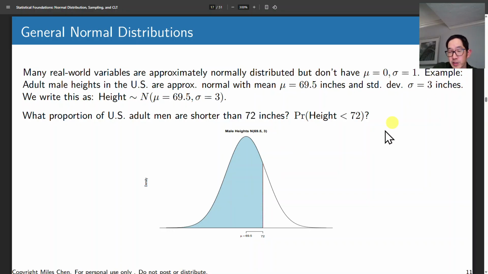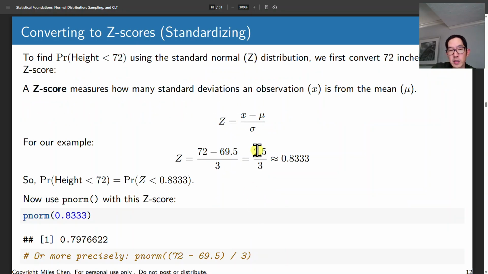Each standard deviation is 3. If I had cut it off at 72.5, I would have been exactly 1 standard deviation above the mean, and my z-score would have been 1. We're not quite at 72.5. We're at 72, which is a little bit less than 1 standard deviation. So how many standard deviations is that?